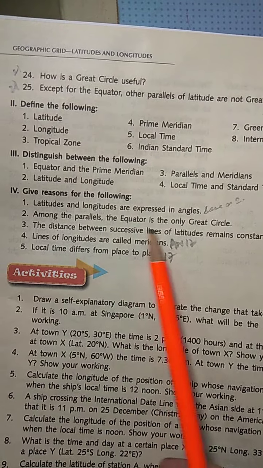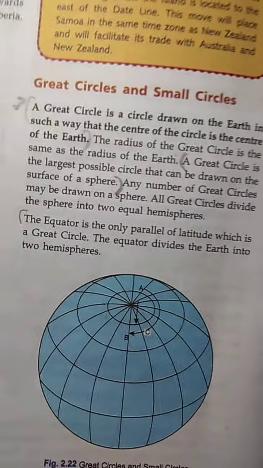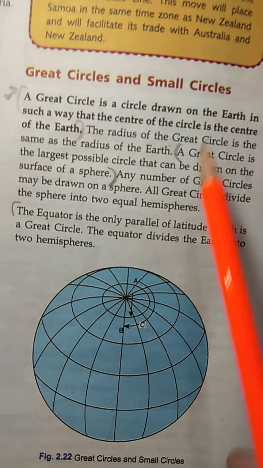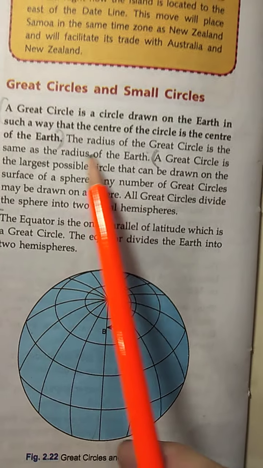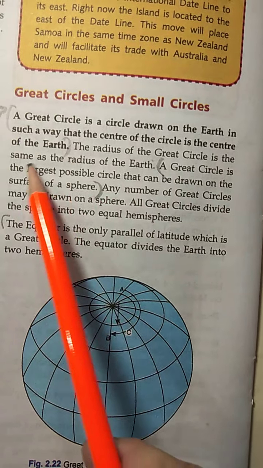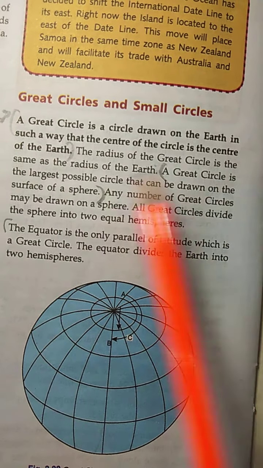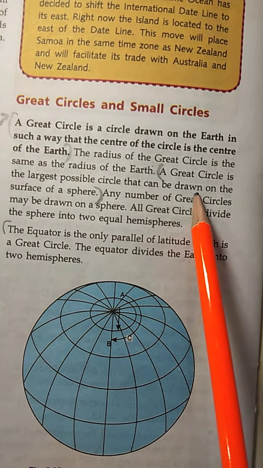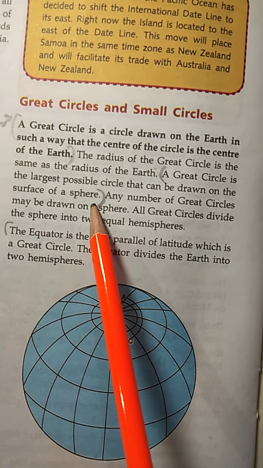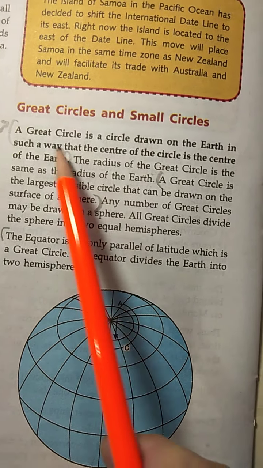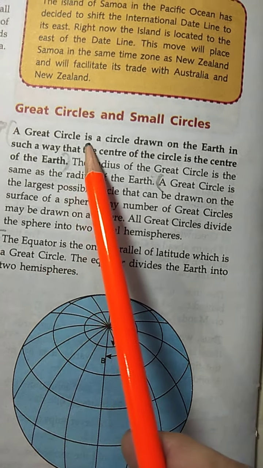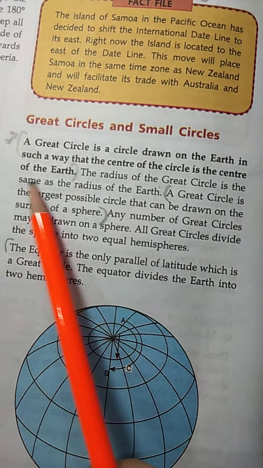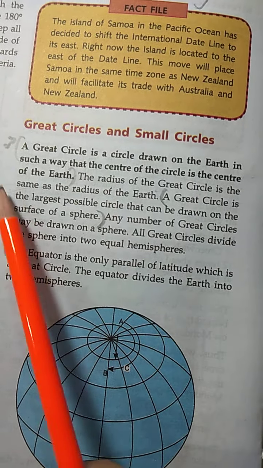Then question number 2. Among the parallels, the equator is the only great circle. It is again here on page number 20. It is given over here. The radius of the great circle is the same as the radius of the earth, and a great circle is the largest possible circle that can be drawn on the surface of the sphere. And not only that, a great circle is a circle drawn on the earth in such a way that the center of the circle is the center of the earth.